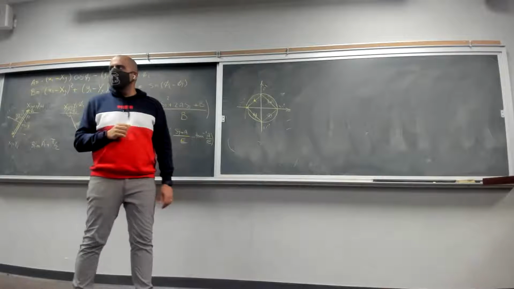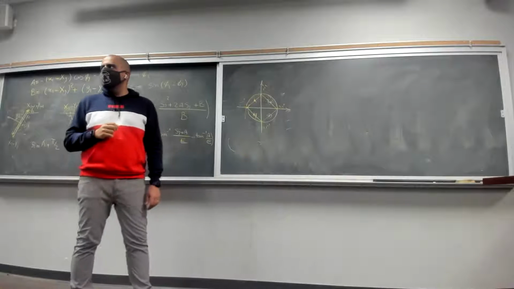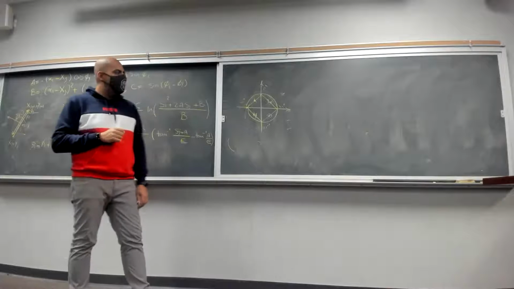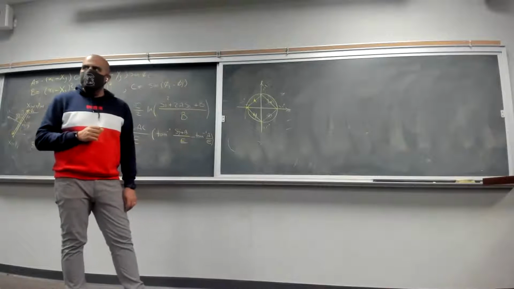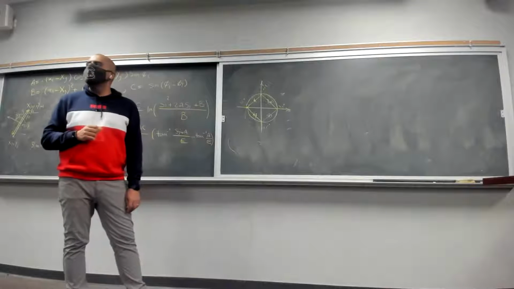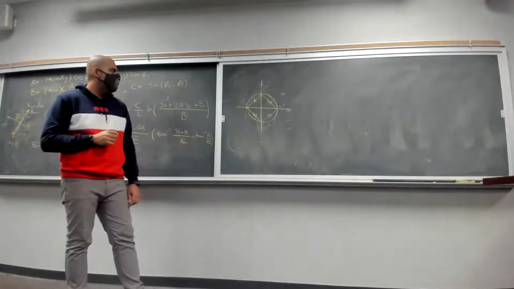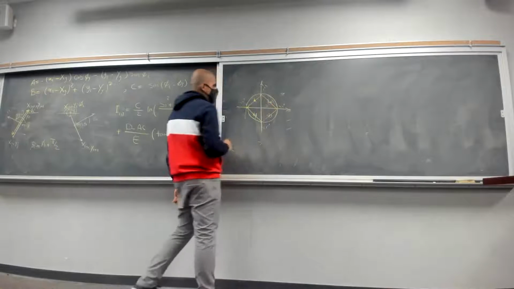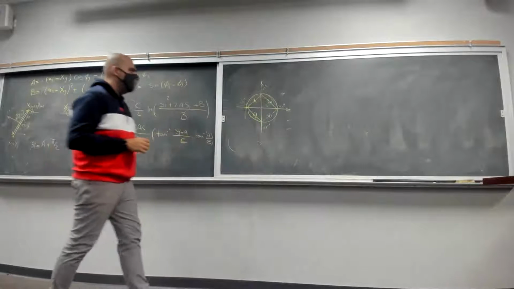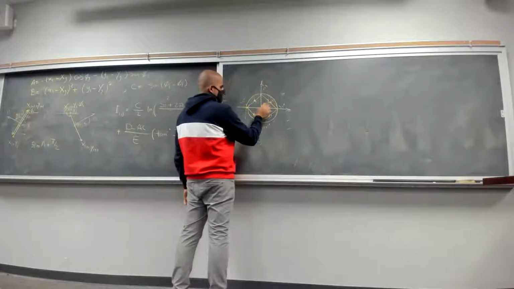How can we find that? Cosine of what? Okay, so cosine of 45, this is 45 degrees, right?